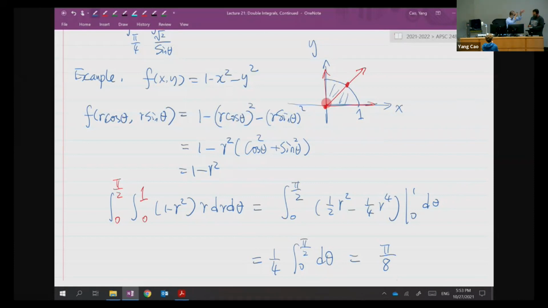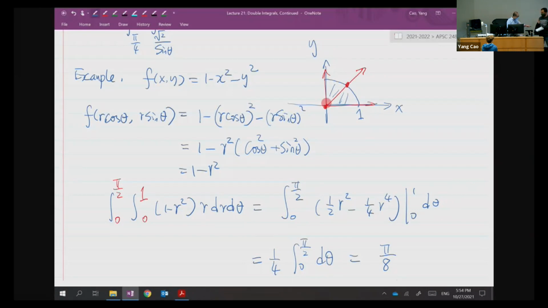There's some surface on top of this region R, right? So you're actually calculating the volume based on this quarter circle, and then up to wherever that function is.